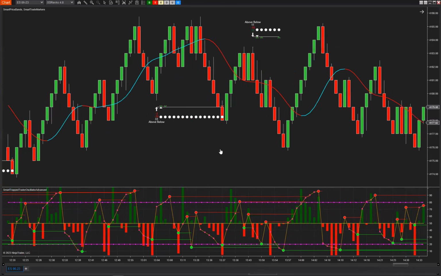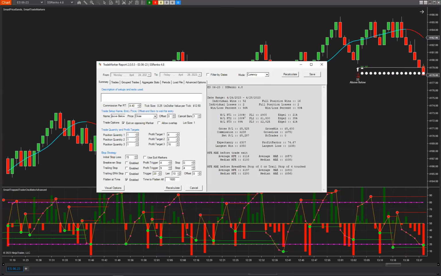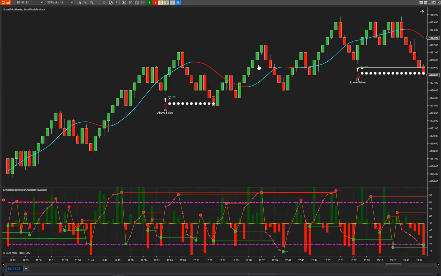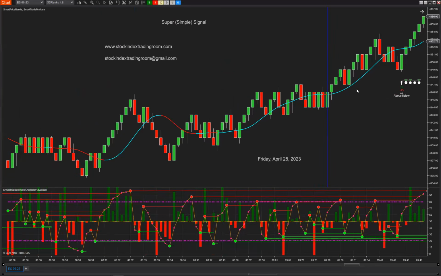For the people that are looking for something maybe that they want to leverage, we're looking for super high win percentages, a lot fewer trades, because this is highly qualified. So anyway, there's the first simple super signal that we use in a stock index trading room.